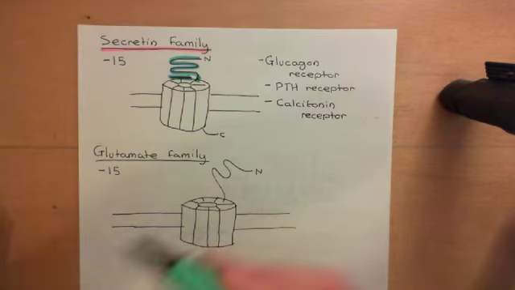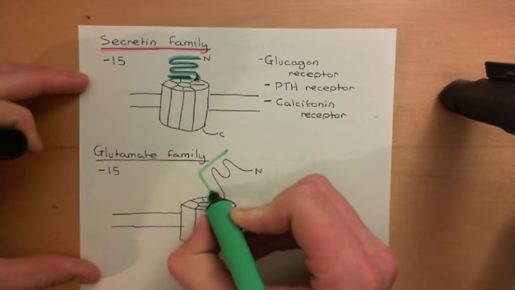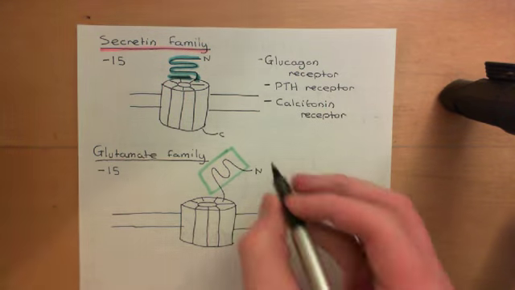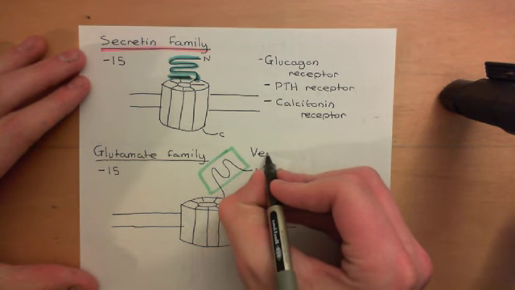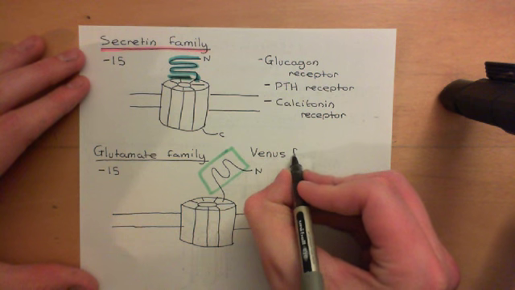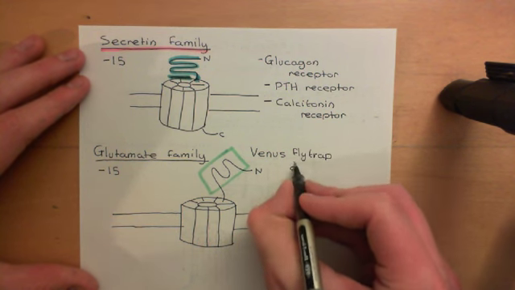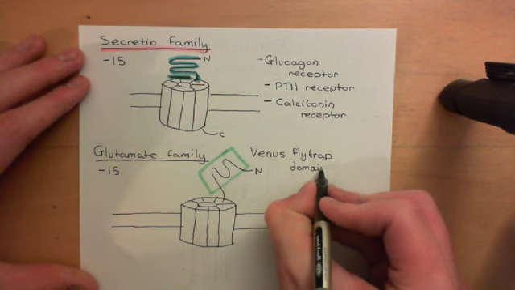Okay, so this rather crudely shown thing here is supposed to represent what is called the venus flytrap domain of glutamate family G protein coupled receptors. Now, why is it called that?